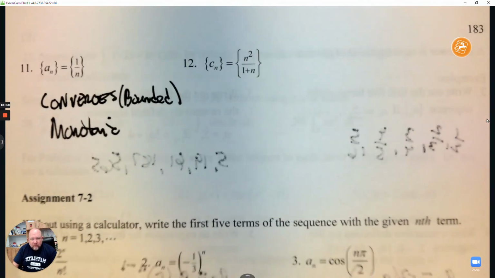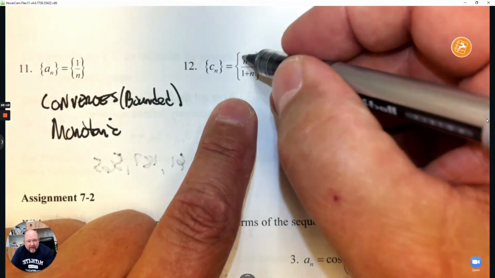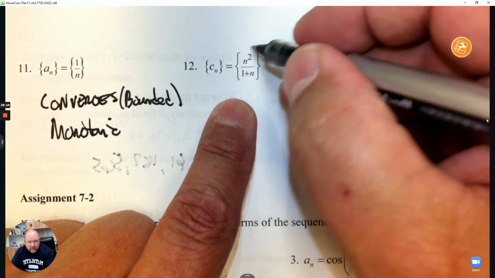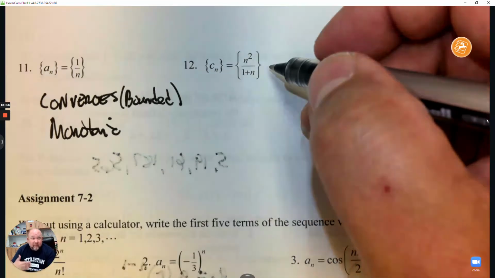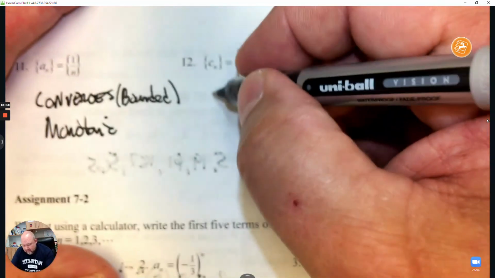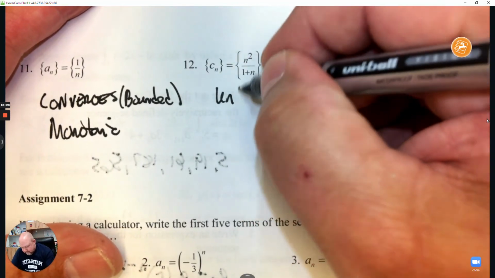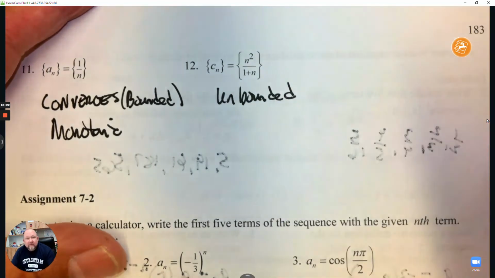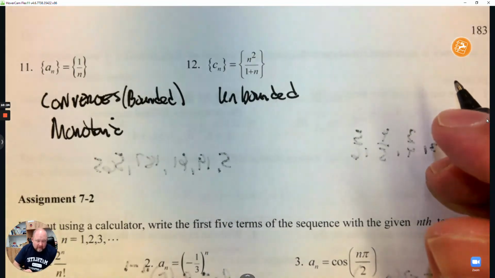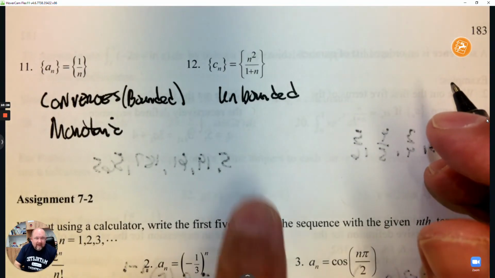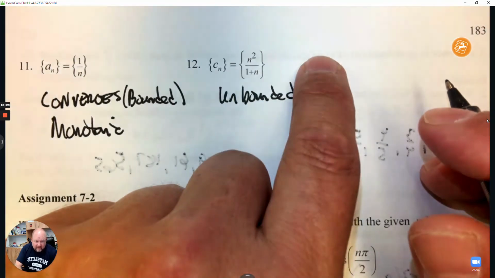If I look at number 12, I want you to look at the power terms, n squared over n. When you divide, the top is more powerful. It's going to infinity. So this is unbounded because it doesn't converge to an answer, because the top is more powerful. Is this strictly increasing or decreasing?